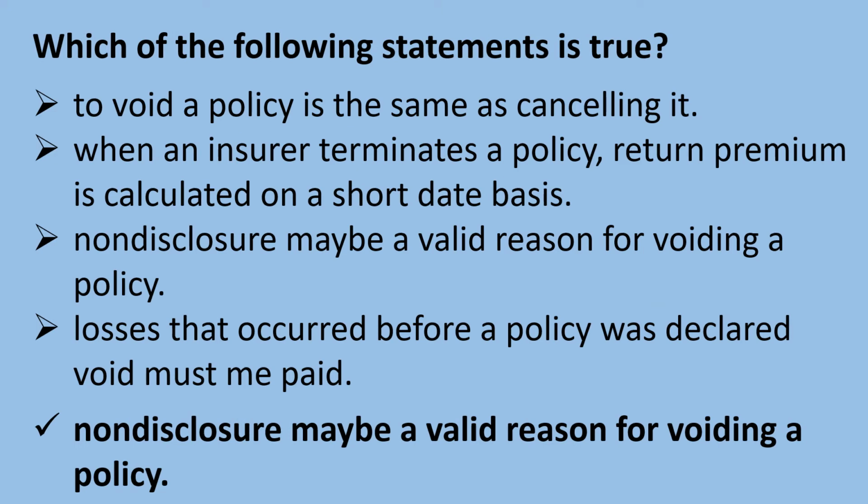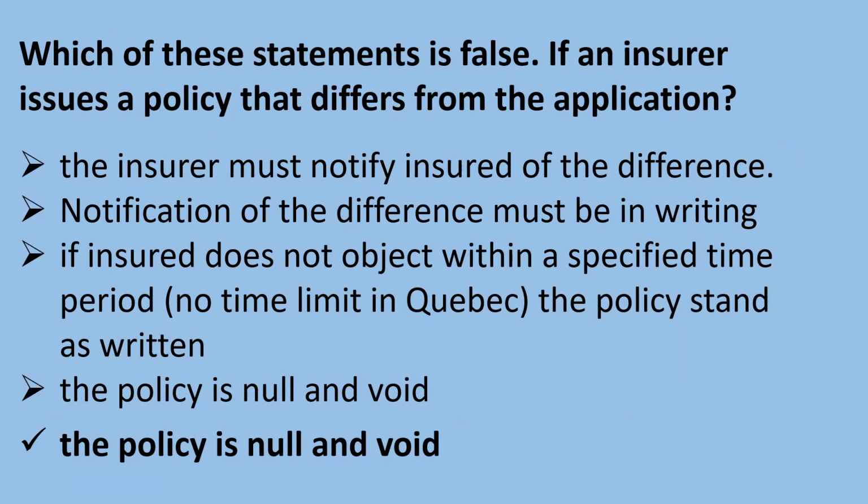Which of the following statements is true? Non-disclosure may be a valid reason for avoiding a policy. Which of these statements is false? If an insurer issues a policy that differs from the application, the policy is null and void.